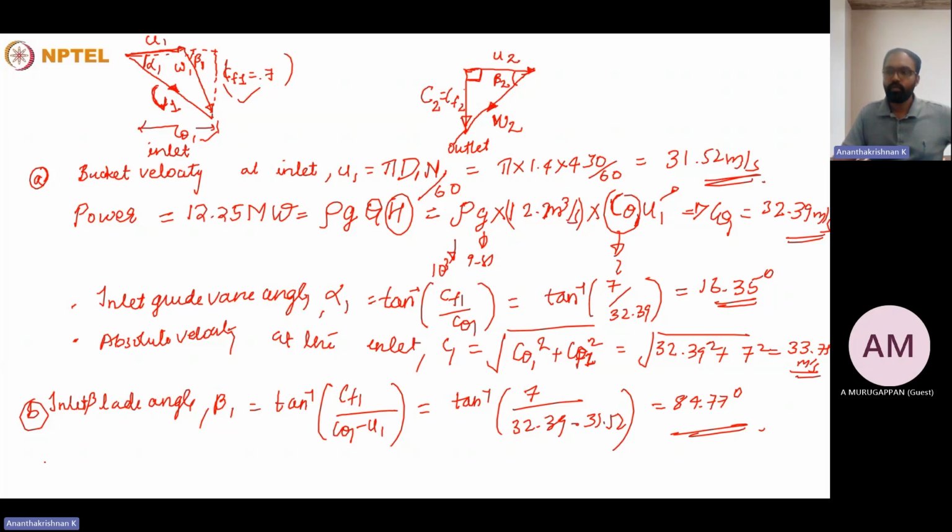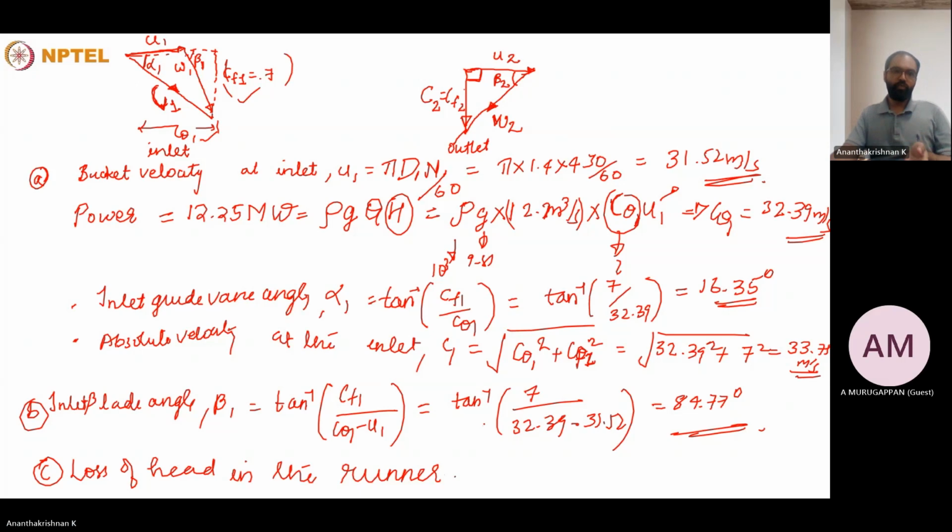And the third part of the problem, we need to calculate the loss of head in the runner. For that, we need to find out the loss at the inlet and the outlet of the blade.